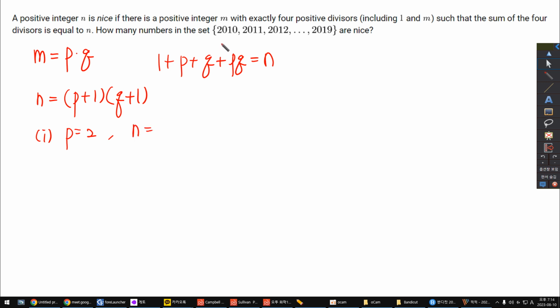So the candidates for N are these numbers because they are multiples of 3.